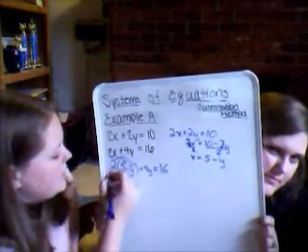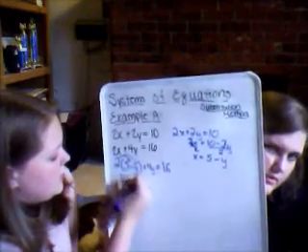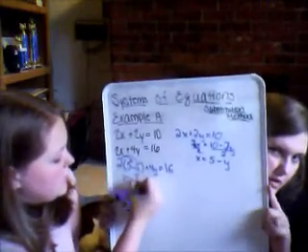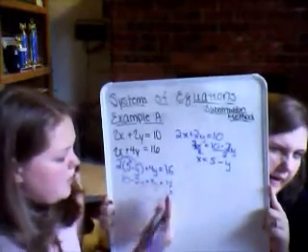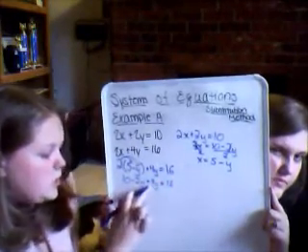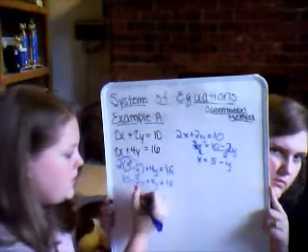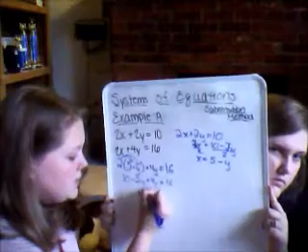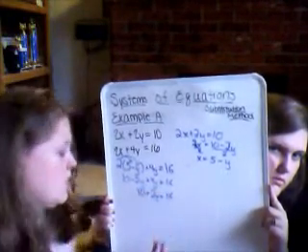2 times 5 is 10, and then minus 2y plus 4y equals 16. Then we're going to add the like terms together, which because the signs are opposite, you're actually subtracting. So you're going to get 10 plus 2y equals 16.